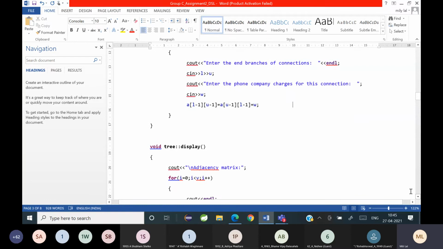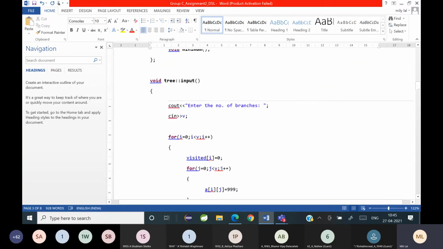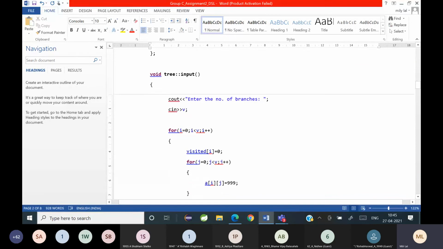Now we have taken all the input. Has everyone understood the input function, the input of the tree? What are the inputs we have taken? We have taken the number of branches. We have assigned the visitor flag to 0, and the matrix we have initialized with 999.